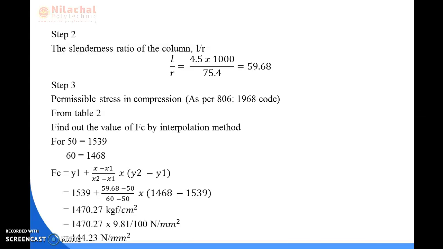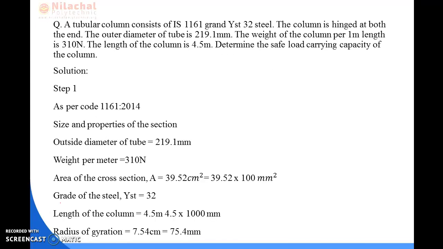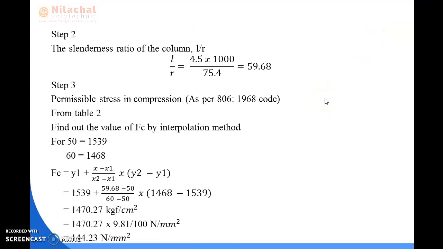Next is your step 2, where we need to calculate the slenderness ratio of the column. We know that the slenderness ratio of the column is equal to effective length divided by radius of gyration. According to the end condition given in the question, the column is hinged at both the ends. Whenever the column is hinged at both the ends, the effective length is equal to the actual length.